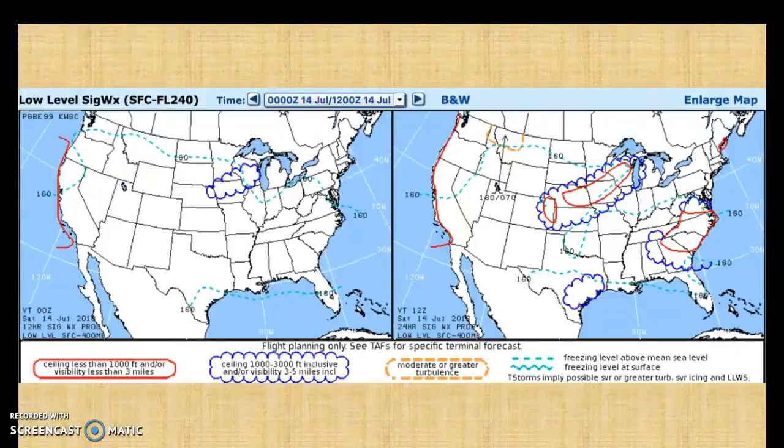There's also a little IFR up there in the northeast. We can spot it just off the coast of Maine. But other than that, that's about it. Due to these thunderstorms moving in, as we saw that squall line moving across, that's what's causing these conditions up in the central U.S.